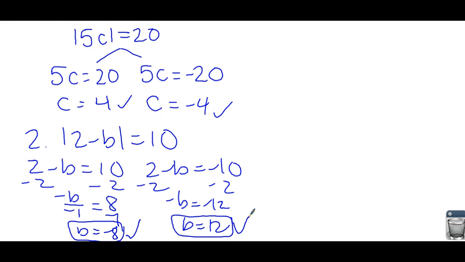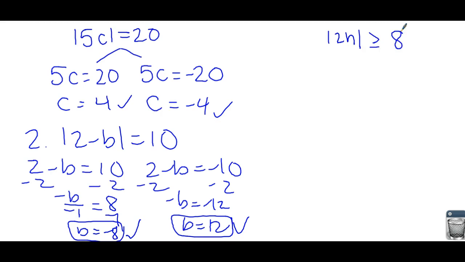Now, number 3 is an absolute value inequality. Absolute value inequalities are when we used to say an absolute value is greater than or less than. Since this is absolute value of 2h is greater than or equal to, it's a "greater-or."